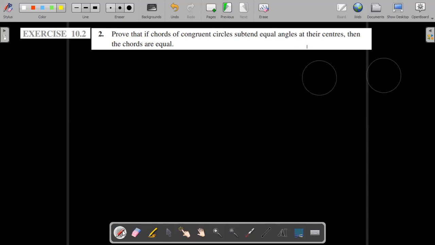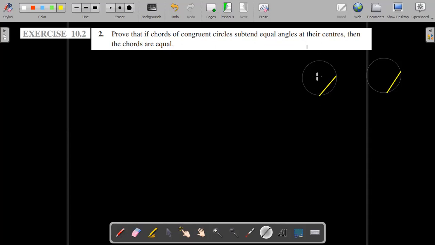Now the chords are not given equal, the angles are equal. We have to show that the chords are equal. That is the converse of the previous question. We are given a chord, and another chord of the second circle, and they are making equal angles at the center.